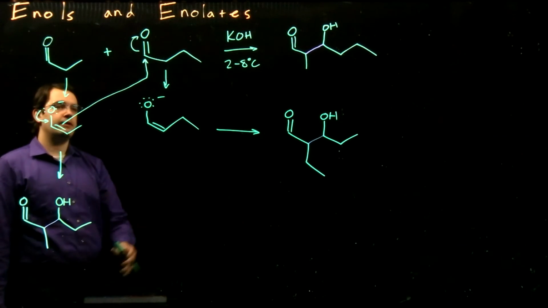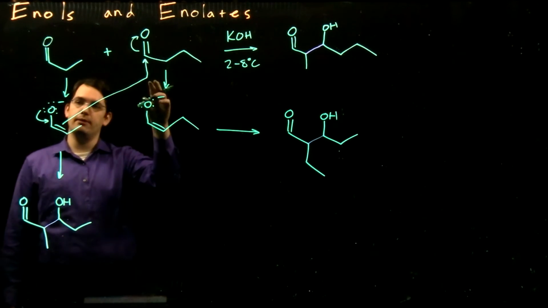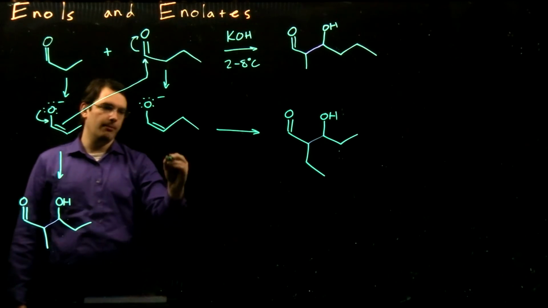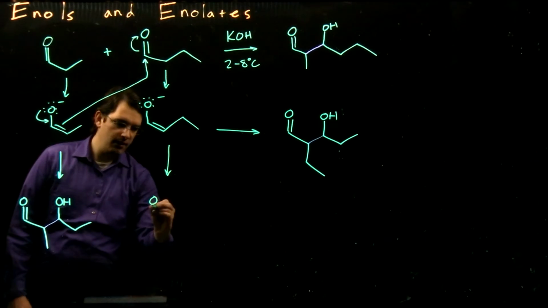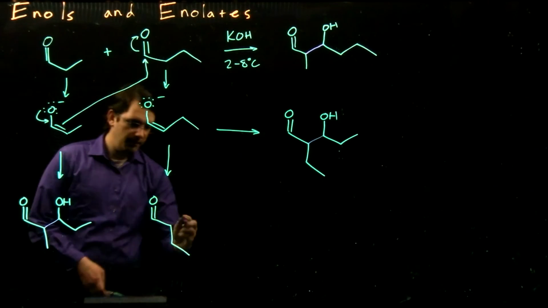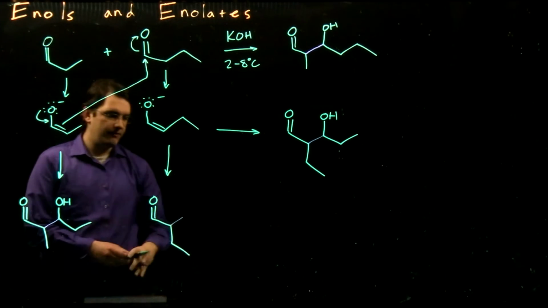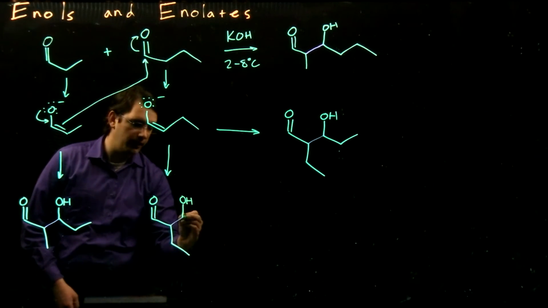Or again, I could do that between my enolate form of my butanal and my carbonyl form of my butanal. So in that case, I would get my 4 carbons from one carbonyl bonded to my 4 carbons of the other carbonyl, but now it's converted to my alcohol again.